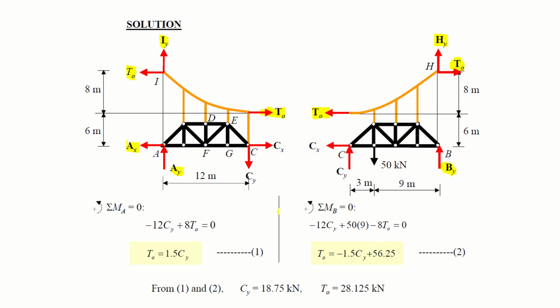So since it is a pin support, it gives you vertical and horizontal reaction. And since you have taken the section at support C, if you have taken downward in the left section, then the CY should be upward in the right section to maintain the equilibrium. Okay, so both the spans are 12 meter. The load is applied at 9 meter from BY and 3 meter from C.